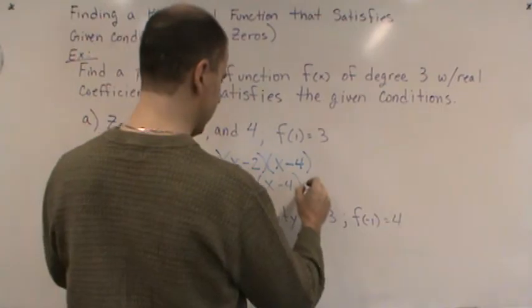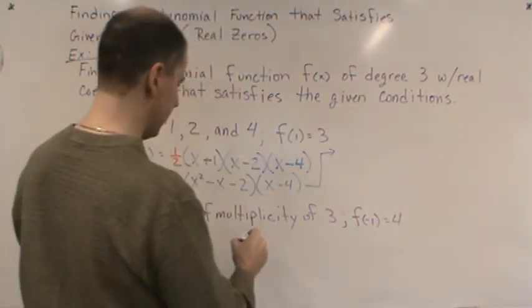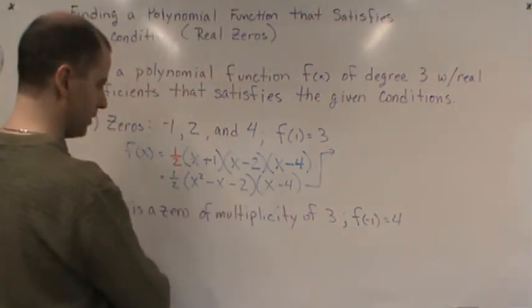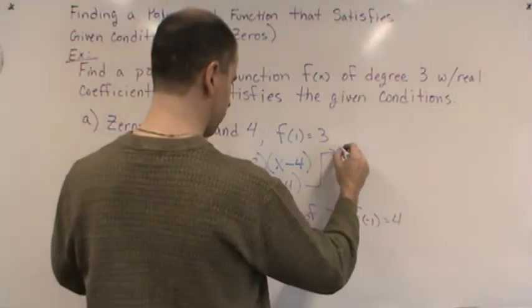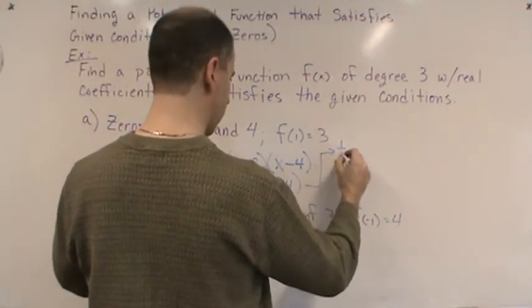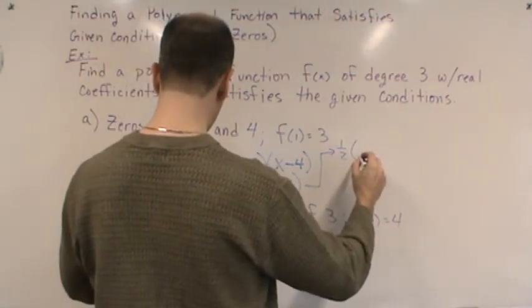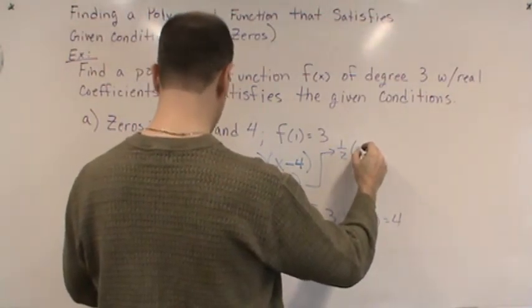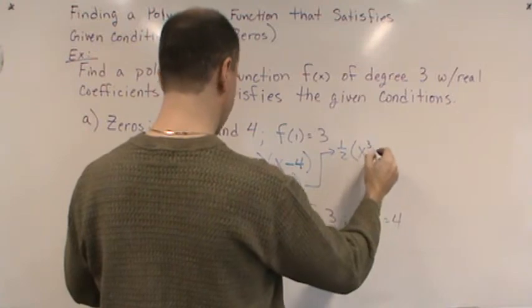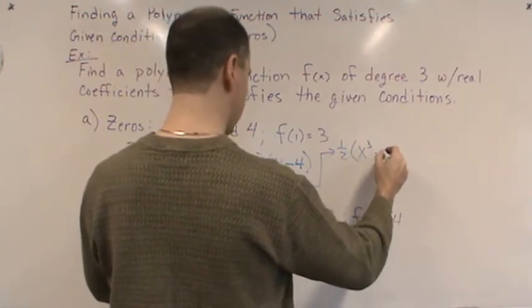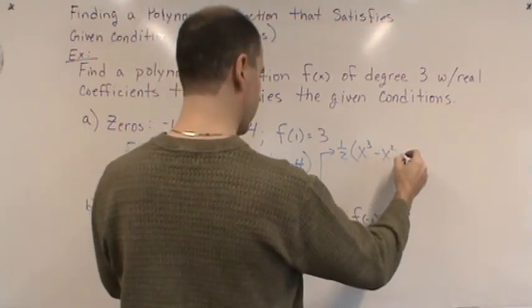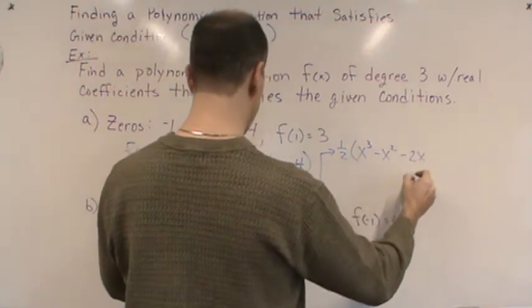Now if we do it again, we use the distributive property again. I'm going to distribute the x across this, carrying the 1/2. That's going to give us x cubed minus x squared minus 2x.